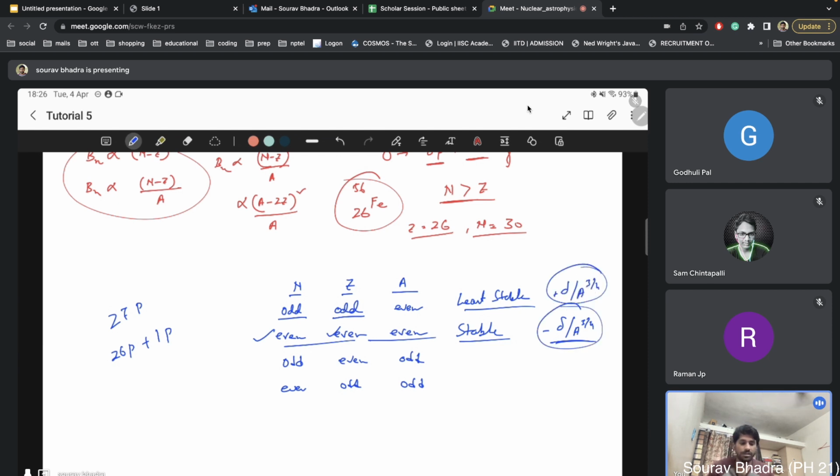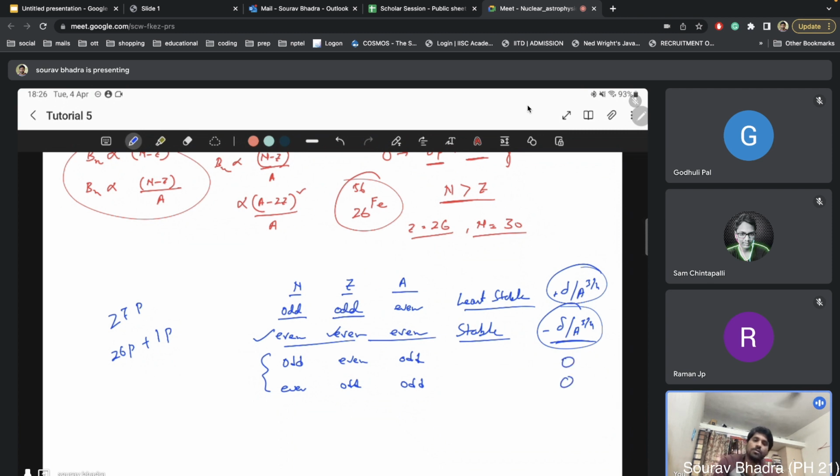So you have to know the proton numbers and neutron numbers to add or subtract the last term, which can be plus or minus depending on the numbers n and z. These two, the odd-even cases, are the intermediate: not most stable, not least stable, but intermediately stable, and for this configuration the value of the last term will be 0.